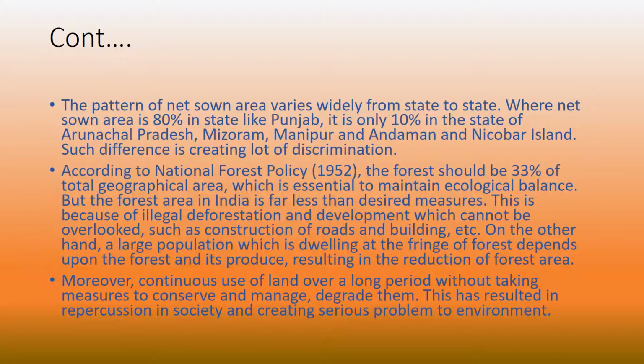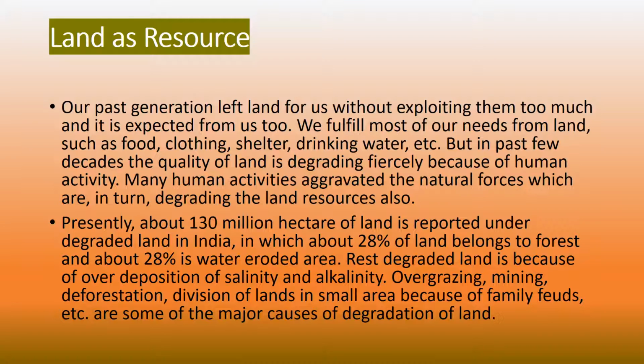On the other hand, a large population dwelling at the fringe of forests depends upon the forest and its produce, resulting in the reduction of forest area. Moreover, continuous use of land over a long period without taking measures to conserve and manage it degrades it. This has resulted in repercussions in society and created serious problems for the environment.